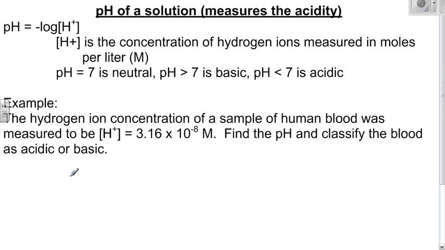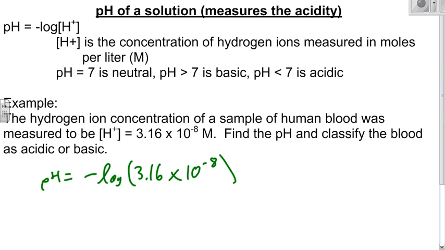So we just take our equation, find the pH, do negative log of 3.16 times 10 to the negative 8, which equals about 7.5. Since that is greater than 7, it is basic.